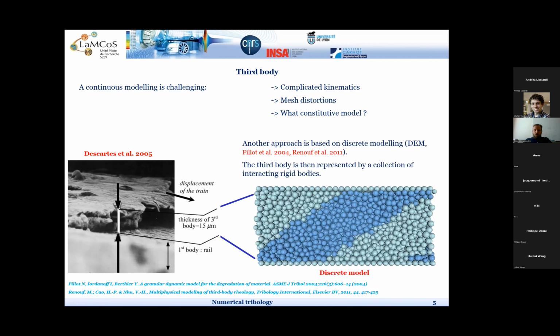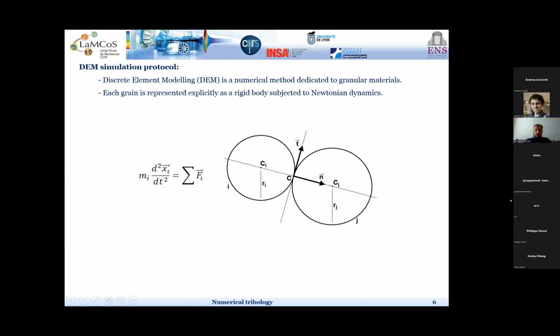So there's been another approach for the last 20 years now, which is the discrete element modeling. In this approach, we make the choice of representing this solid layer as a collection of interacting rigid bodies like that. So the numerical technique is called discrete element modeling.